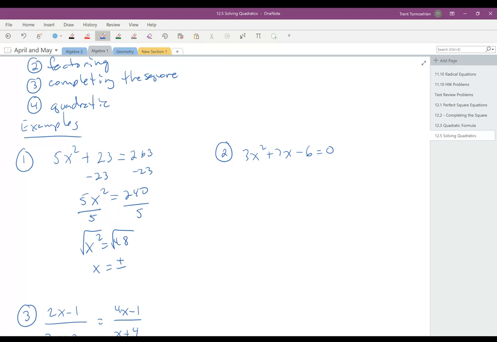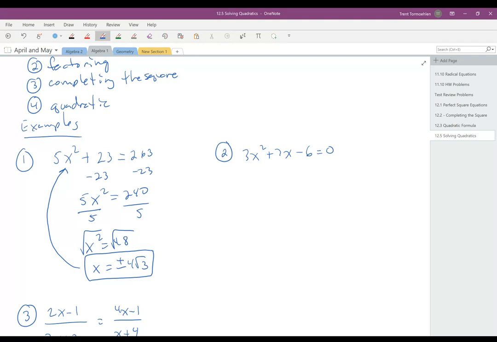So the square root of 48, 16 goes into 48, and so you get 4 root 3. So 4 root 3 and negative 4 root 3 both solve this equation. And it's pretty easy to show that because 4 root 3 squared is 48, 5 times 48 is 240, plus 23 is 263.